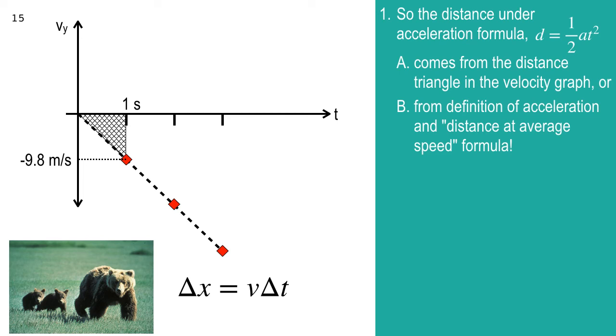1/2, and the acceleration is negative 9.8 meters per second squared, times 1 second squared. And then 9.8 meters per second squared. So you have negative 9.8 meters. Second squareds cancel. So you're down 9.8.